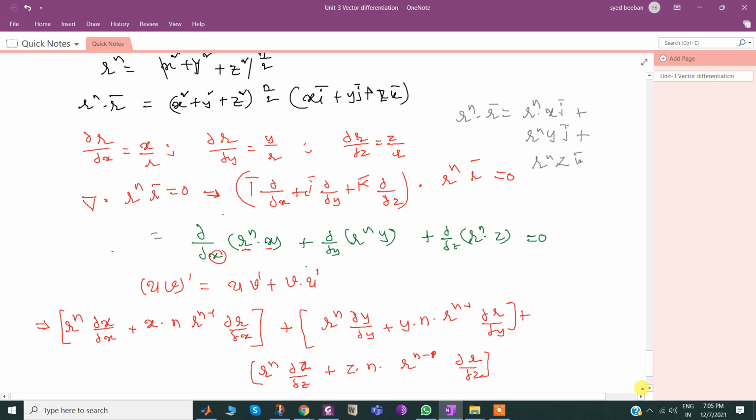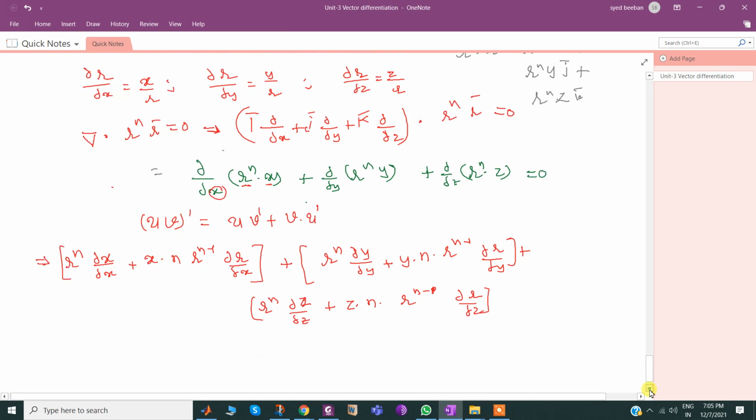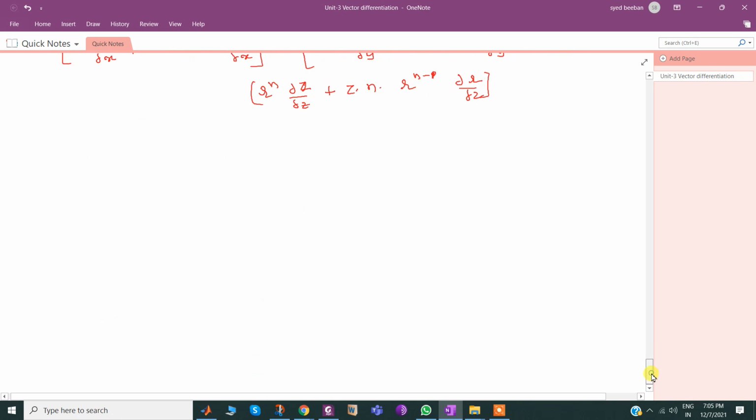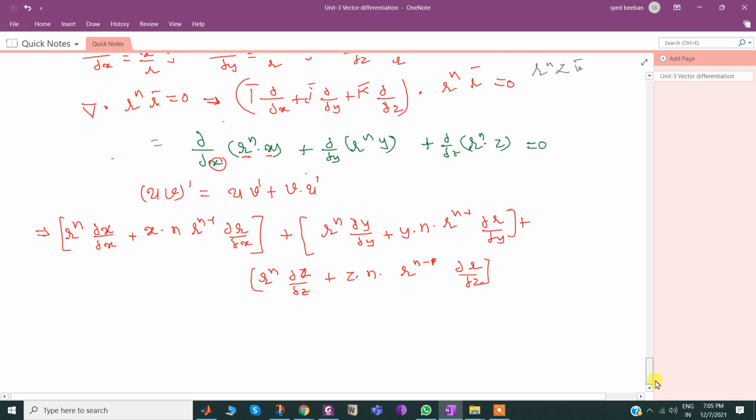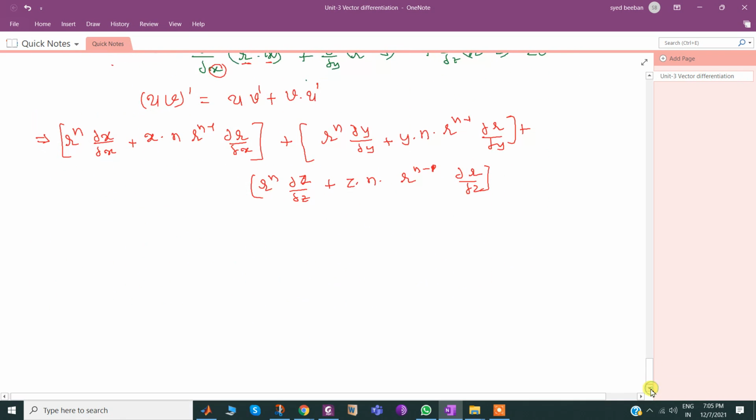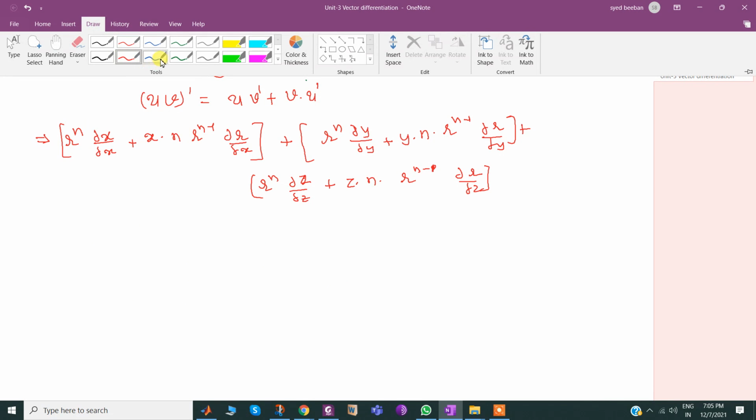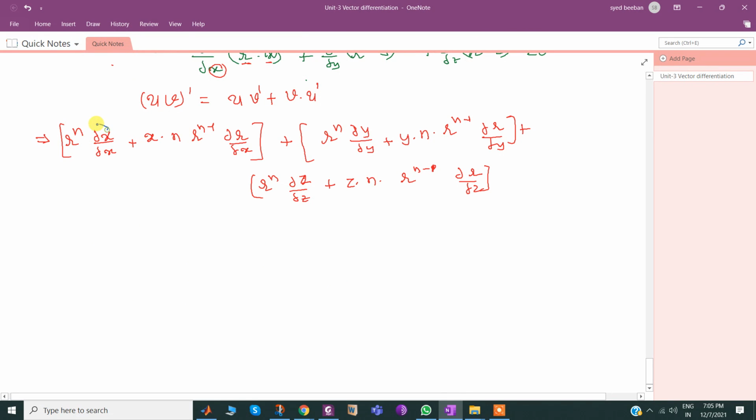Now if I substitute the values, ∂x/∂x is 1, ∂y/∂y is 1, ∂z/∂z is 1. Now ∂r/∂x is x/r, ∂r/∂y is y/r, ∂r/∂z is z/r.